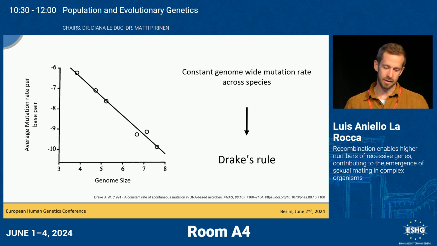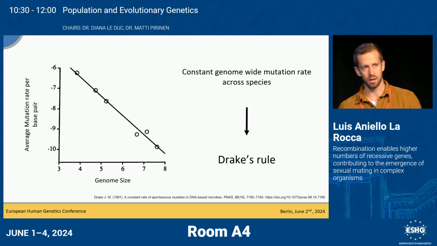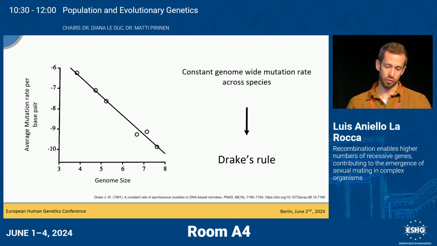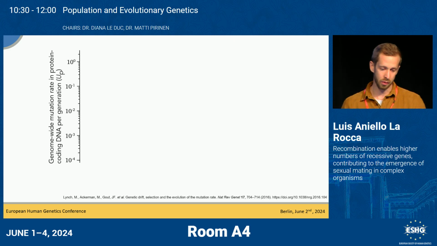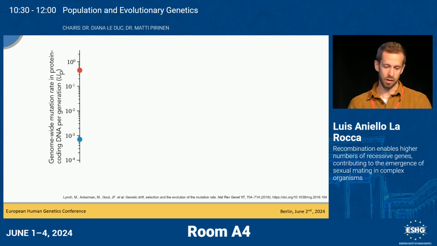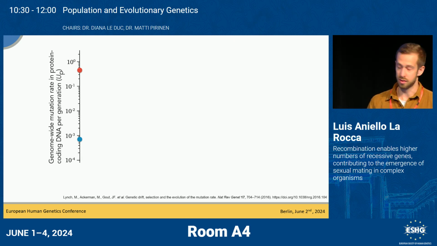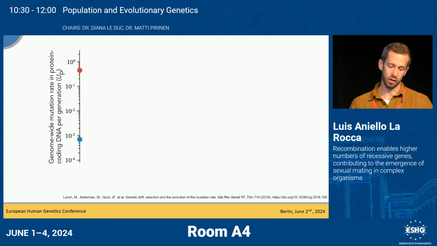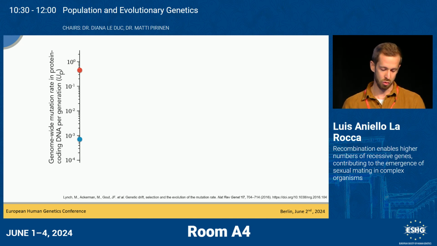But in the 90s, data and methods for mutation rate estimation were limited. Fast forward 20 years and we have more comprehensive data, and we know, for example, that the genome-wide mutation rate of humans, which is the red dot, differs significantly from that of E. coli, which is the blue dot.